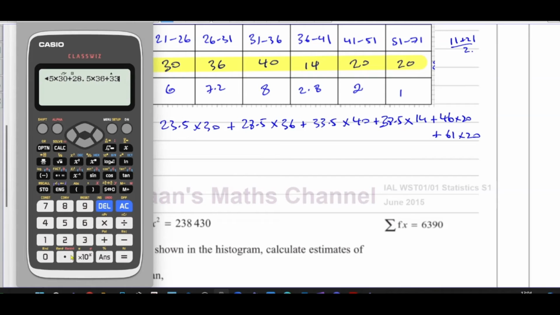Plus 33.5 times 40 plus 38.5 times 14, plus 46 times 20 plus 61 times 20.